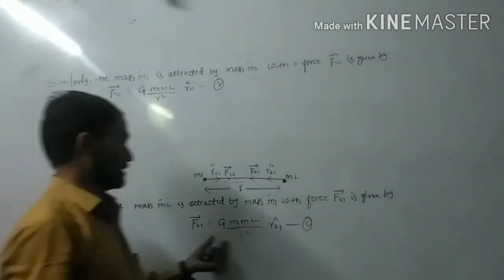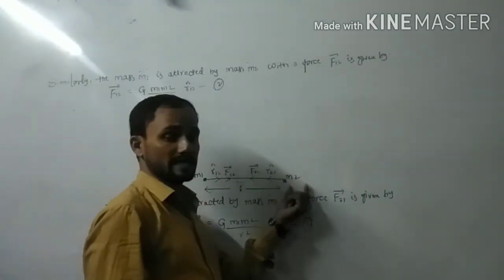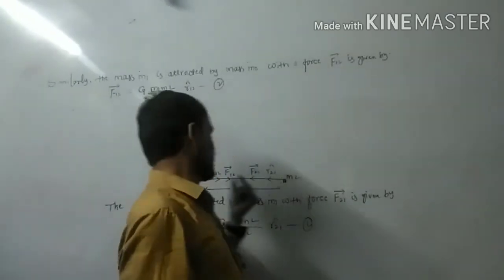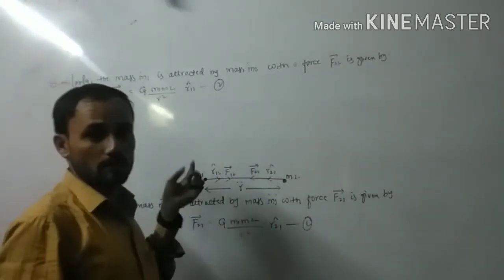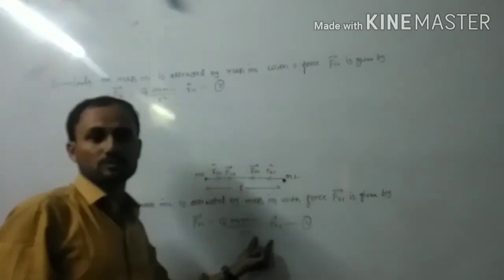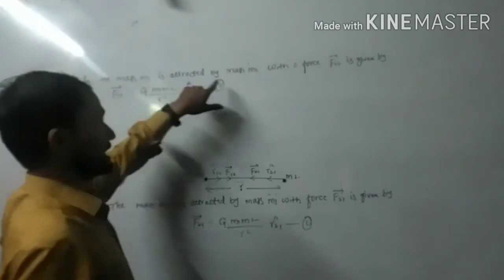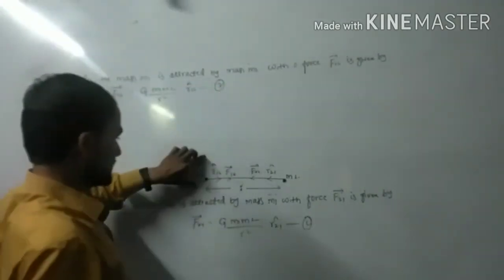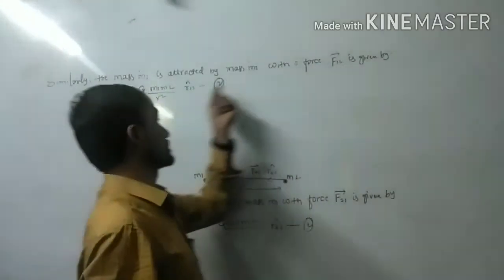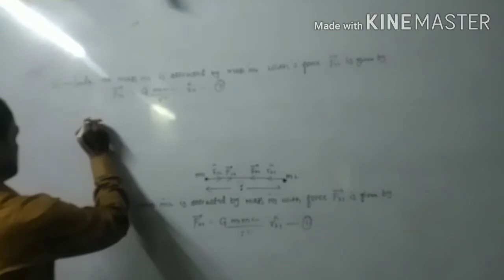So m2 is pulling m1 toward itself with force F12. Similarly, m1 is attracting m2 with force F21. This is how we wrote these equations using Newton's law.